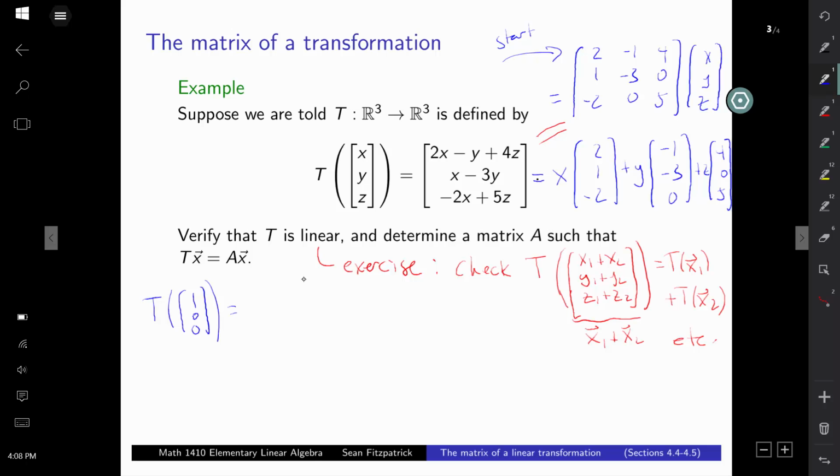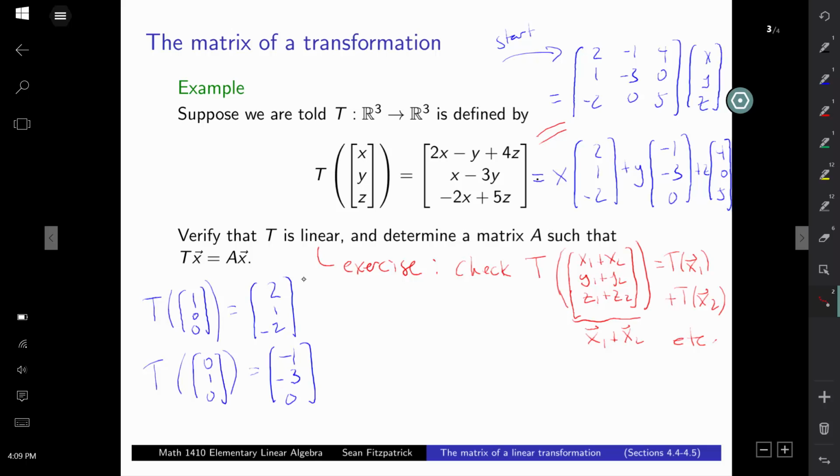So T of 1, 0, 0: I put x equal to 1, y and z both equal to 0, and I get 2, 1, minus 2. You'll notice I get it here, and I get it there. If I do T of 0, 1, 0, I put x equals 0, z equals 0, y equals 1, and I get minus 1, minus 3, 0. Again, those match up.